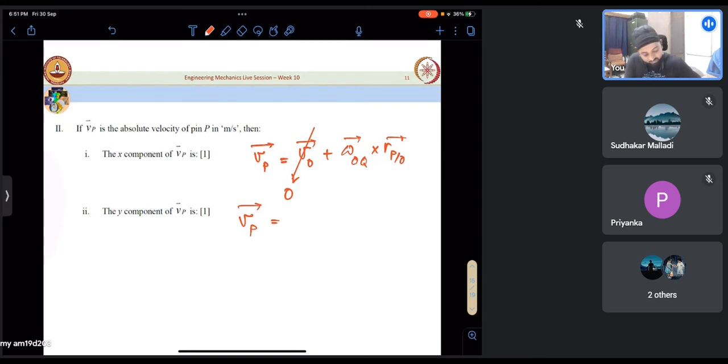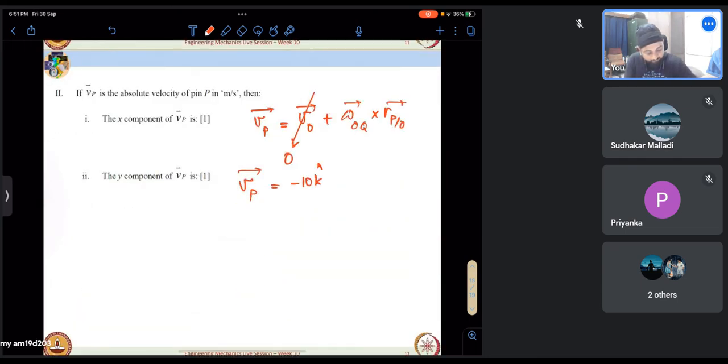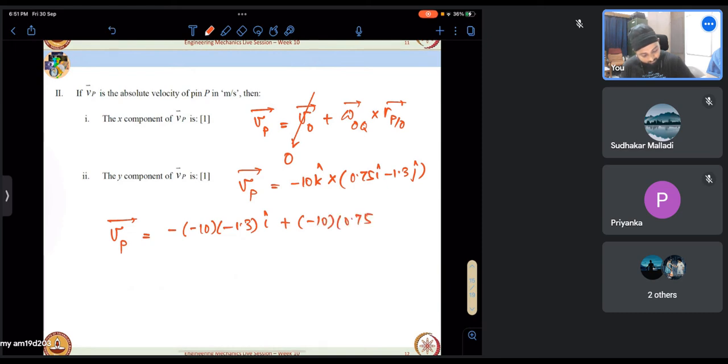So omega is minus 10k crossed with 0.75 I minus 1.3 J. So this comes out as minus 13 I cap minus 7.5 J cap.